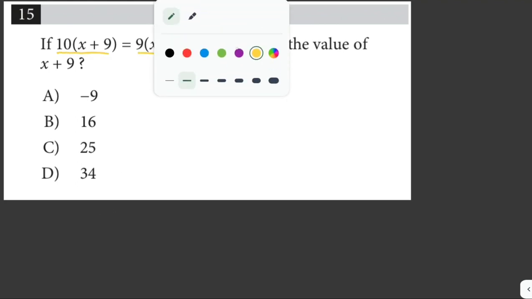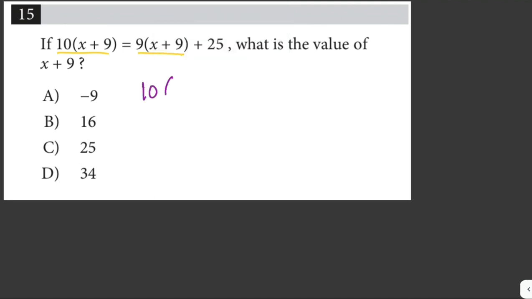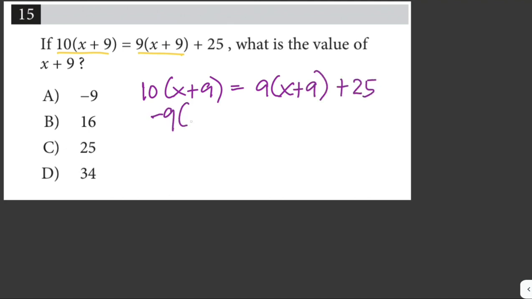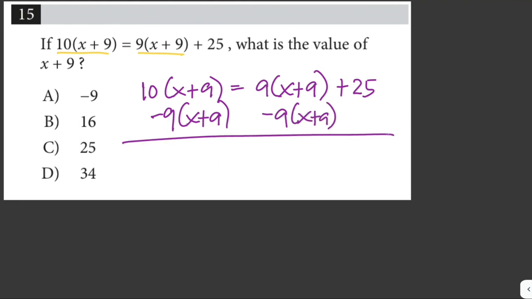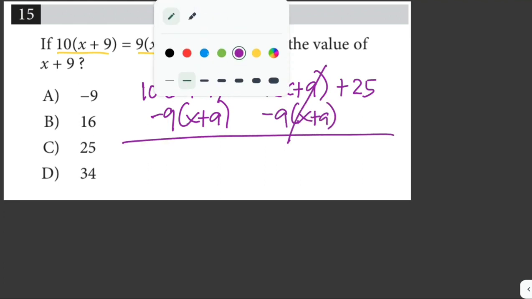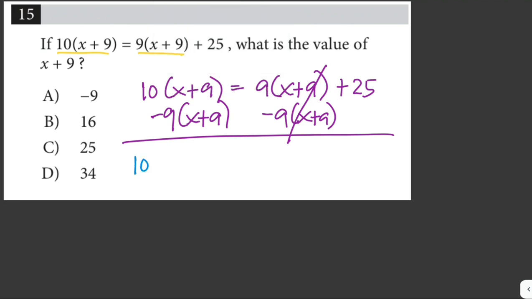So we have here 10 times x plus 9 equals 9 times x plus 9 plus 25. We subtract both sides by 9 times x plus 9. This cancels out. Then we have 10 times x plus 9 minus 9 times x plus 9 equals 25.